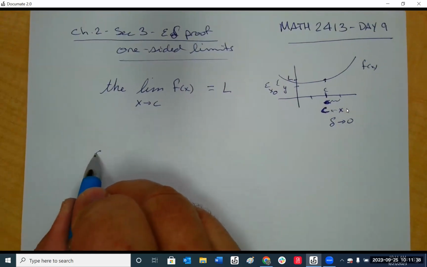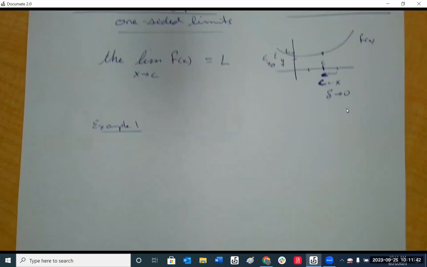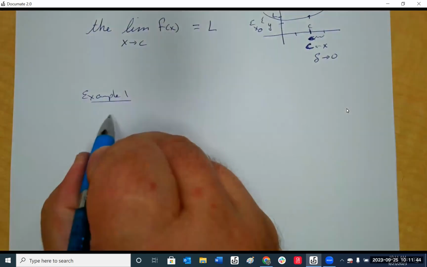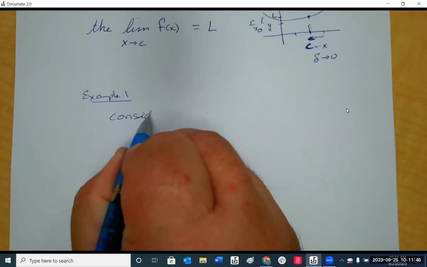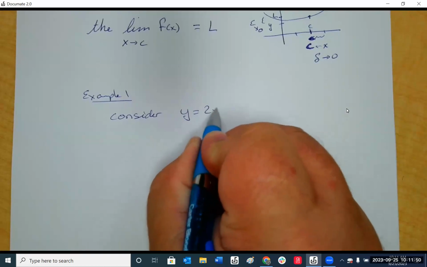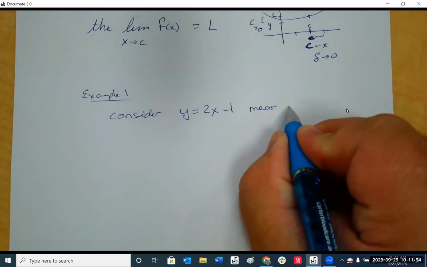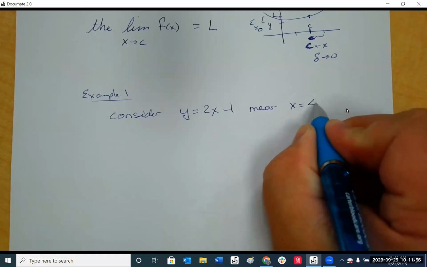So our first example. Consider the function y equals 2x minus 1 near x equals 4.